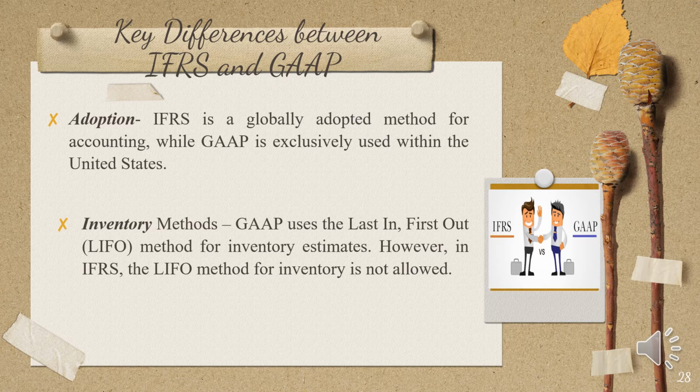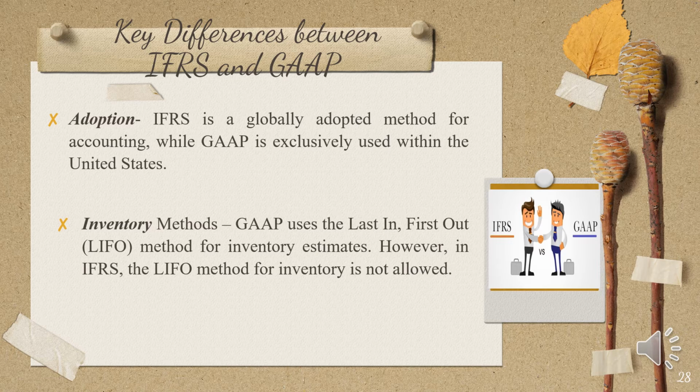Number two differences is the inventory methods. The most notable specific difference between GAAP and IFRS involves their treatment of inventory. IFRS rules ban the use of last in, first out or LIFO inventory accounting method. In GAAP, rules allow for LIFO.